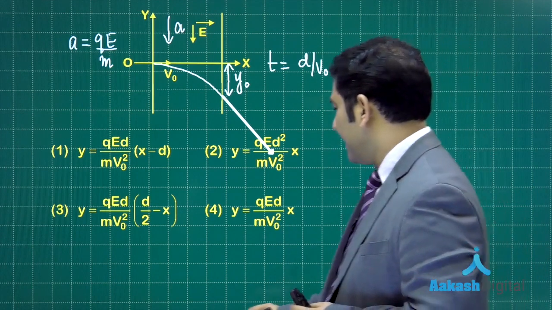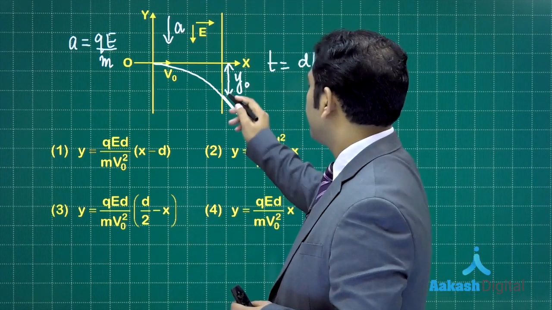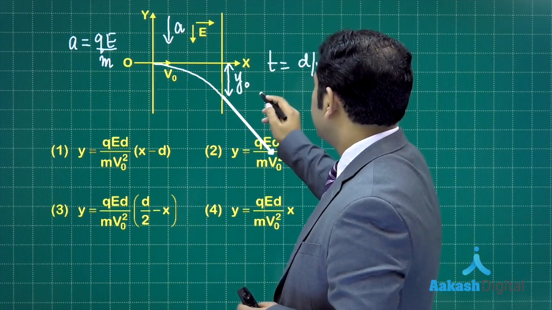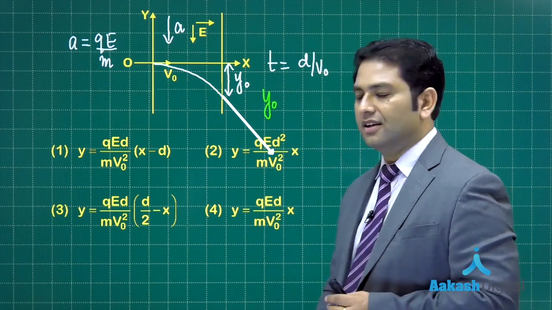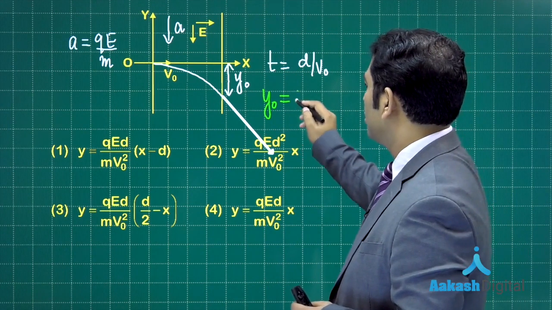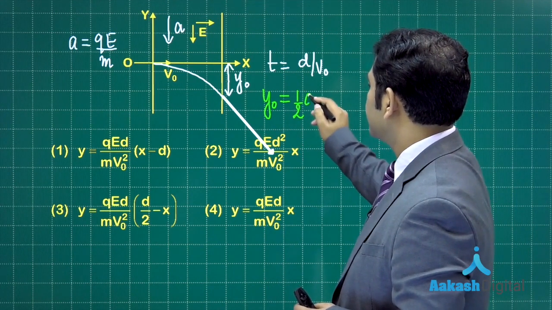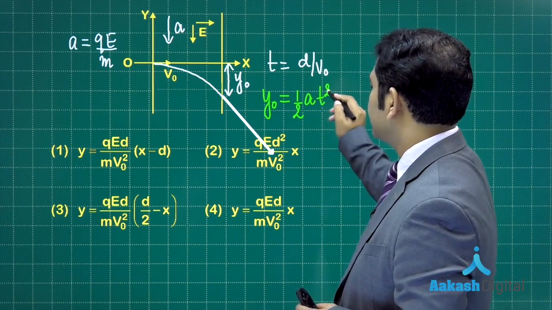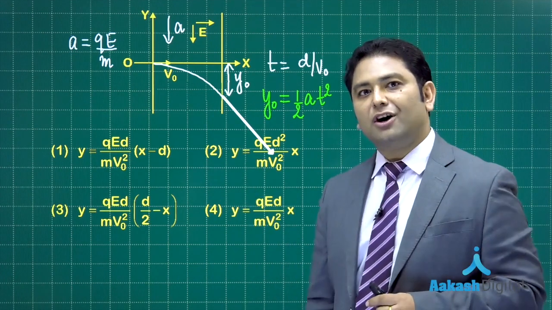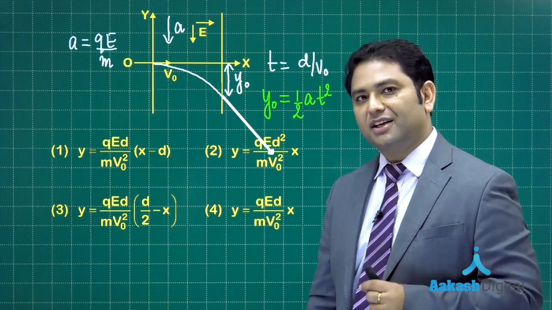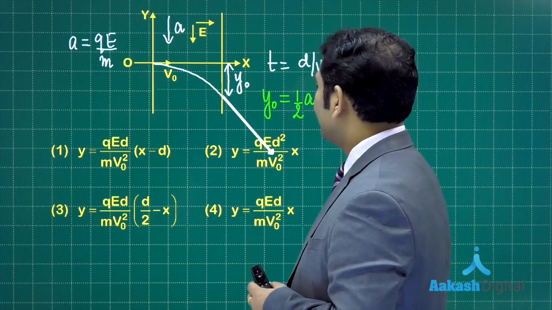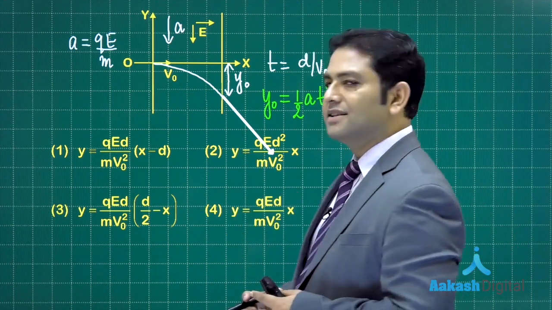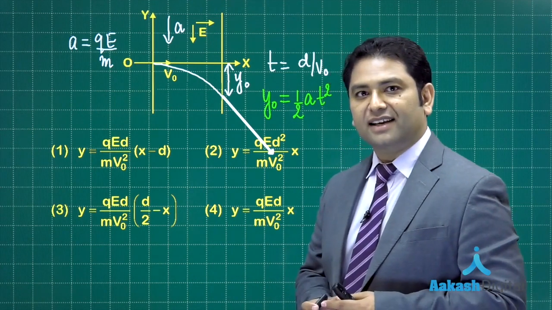And now, right at this particular point, if I see along the y direction, the value of y0 is going to be equal to 1/2 of acceleration a multiplied by t square. So the first job is done. We've calculated y0. And after that, we need to calculate what will be the slope of this straight line.